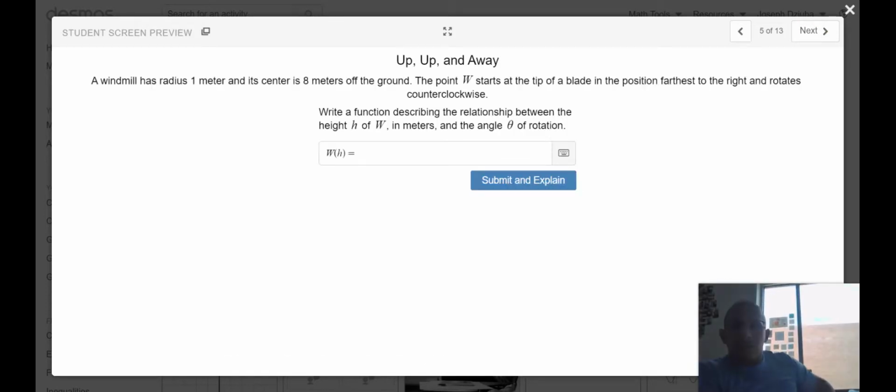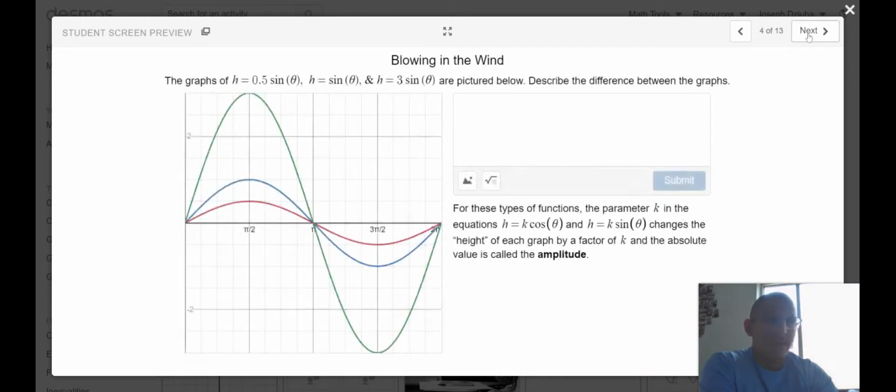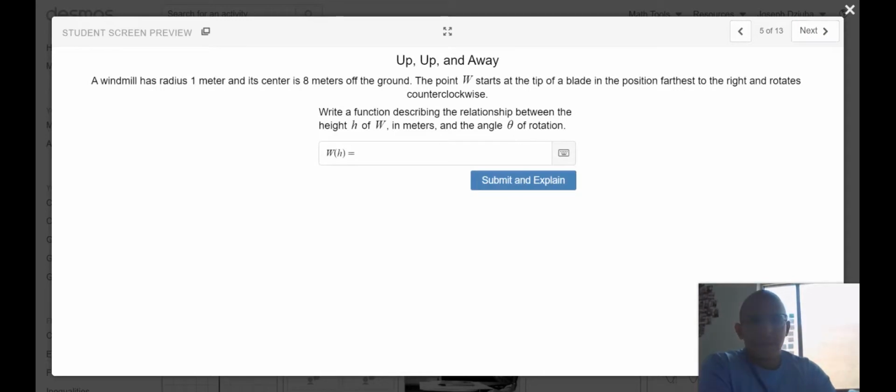All right, so here in this situation, we have a windmill, radius 1 meter, but the center is now 8 meters off the ground, as compared to the last activity. It's theoretically impossible for a windmill to have a center of 0, 0 because obviously it has some height. The point W starts at the tip of the blade in the position farthest to the right.